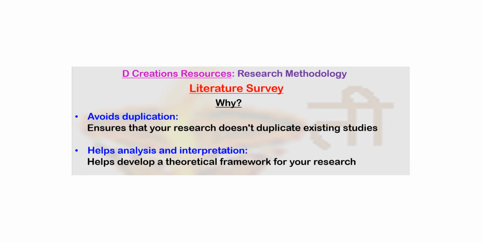We have seen so far how it is going to help you first of all define your own research proposal, have your own hypotheses, and then design your pathway. Now when you have done all that, you've conducted experiments, and you have a lot of data, again the literature survey comes to your help. That is because you want to analyze the data, interpret it, or in some cases build a theoretical framework for your research.